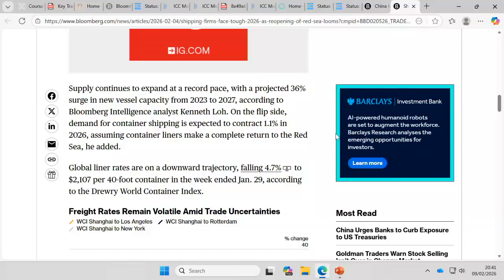So in other words, we're seeing a dramatic increase in availability of ships. We're seeing easier shipping, dropping costs, but pretty flat demand from the standpoint of actually shipping those things.